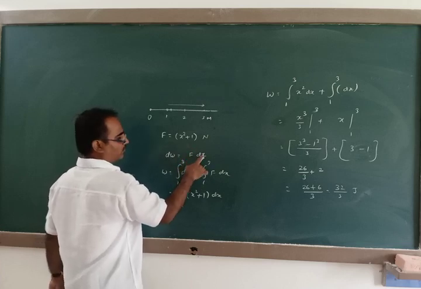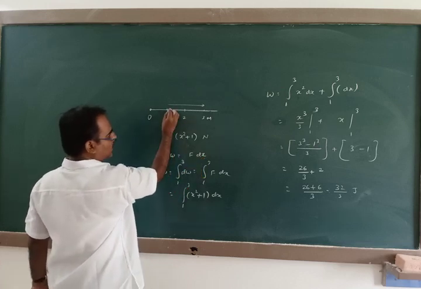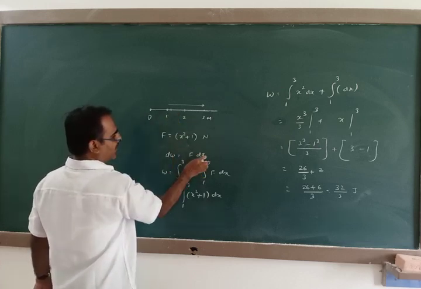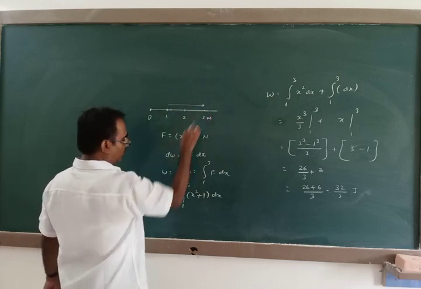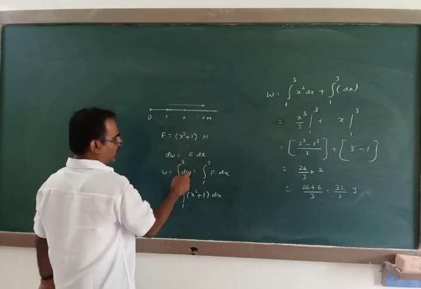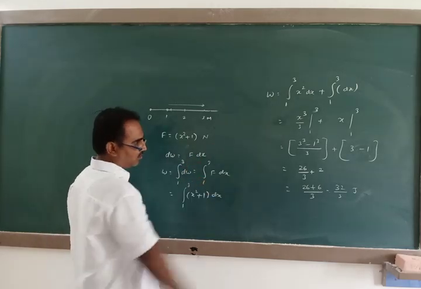So it becomes F into dx. And the total work in displacing from here to here means you have to integrate between the limits 1 to 3. So by this procedure, you will get that much.